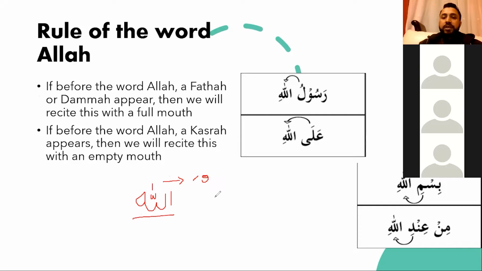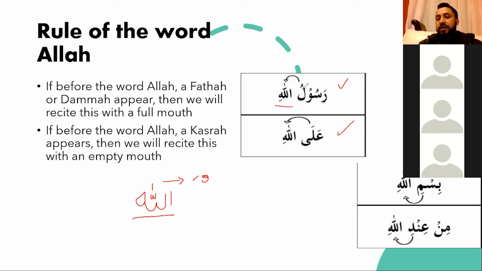Say for example, when we're looking at this one, you see Rasulullahi and alallahi. Here are your two examples. Let's look at the first example. Can you see the lam?